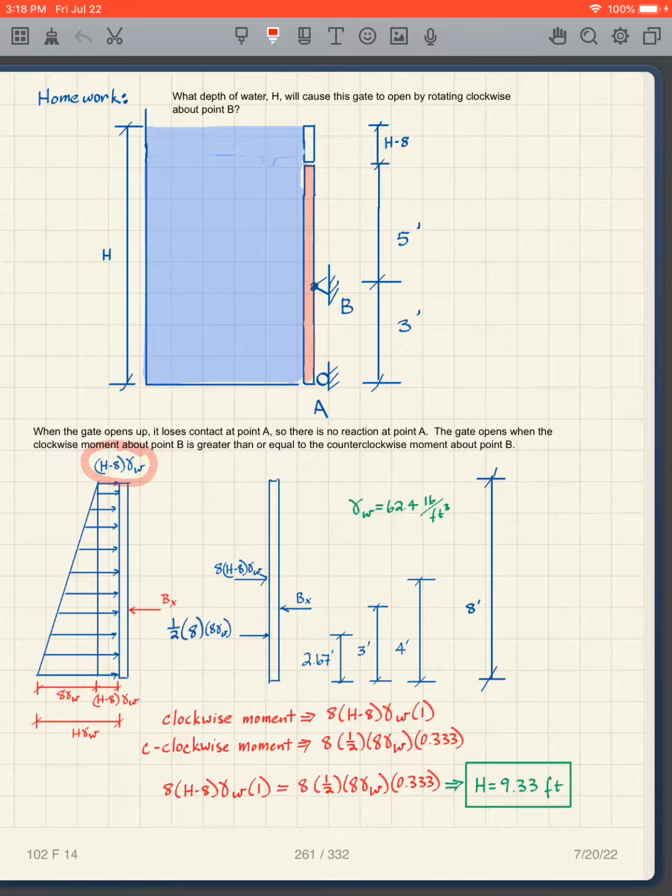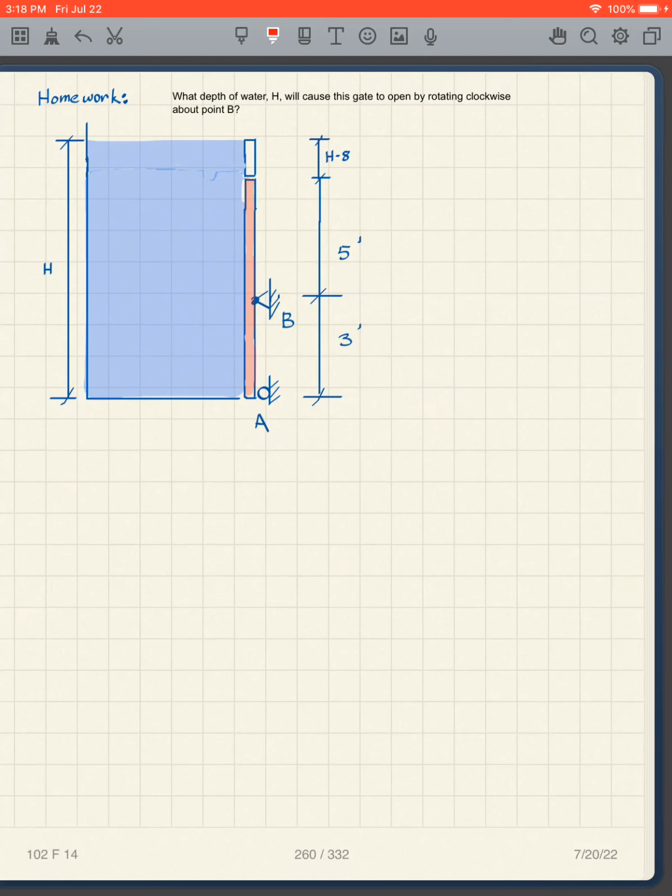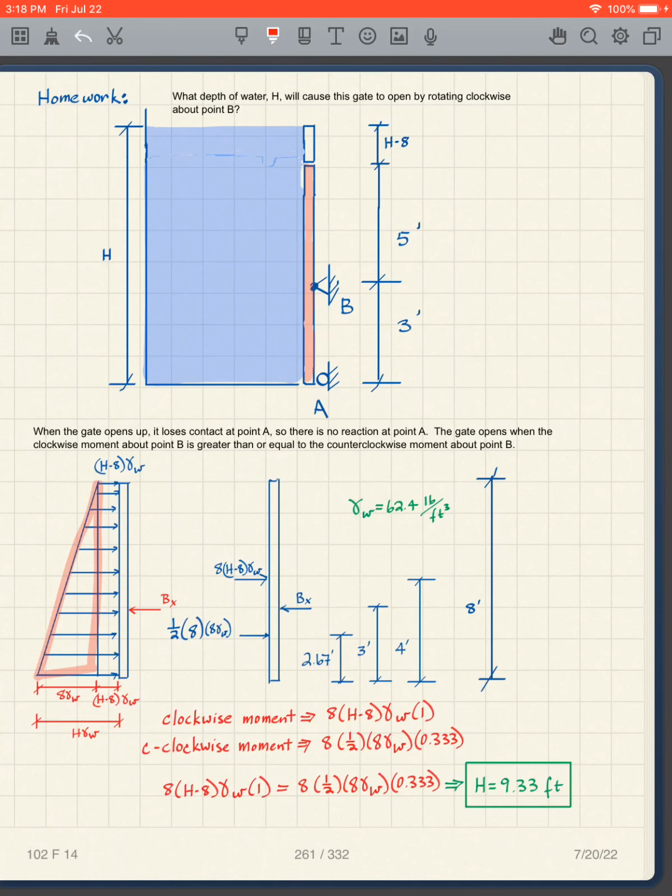That gives us the volume of the rectangle, so that's 8 times H minus 8 times gamma W. And this one is going to be 1/2 the base times the height, so it's 1/2 times 8 gamma W times 8. The triangle force acts 1/3 up, so it's 2.67.